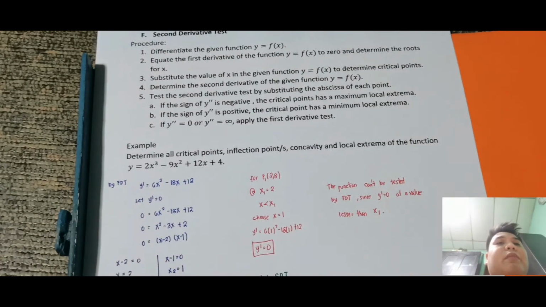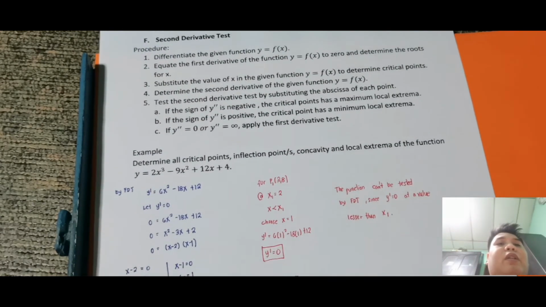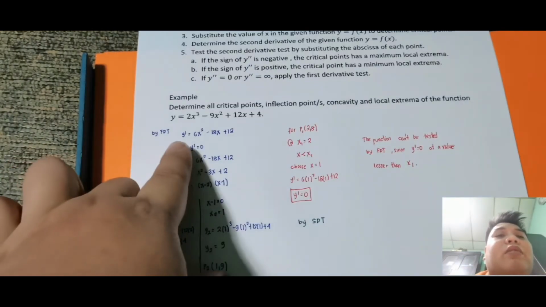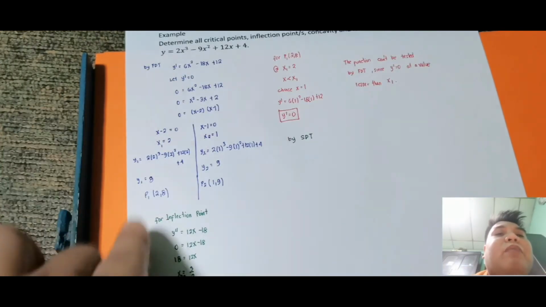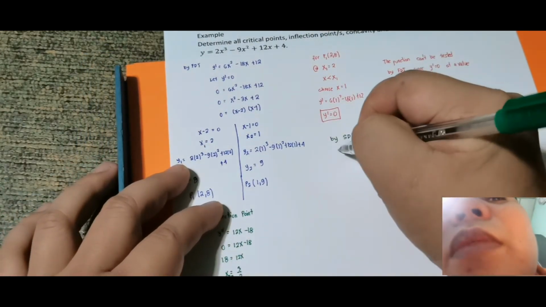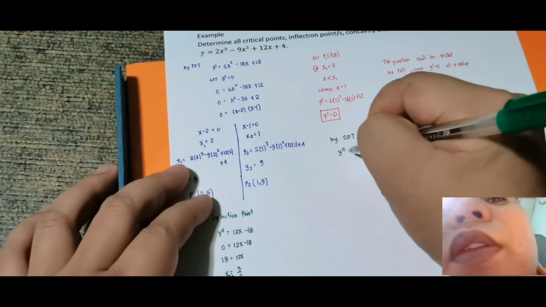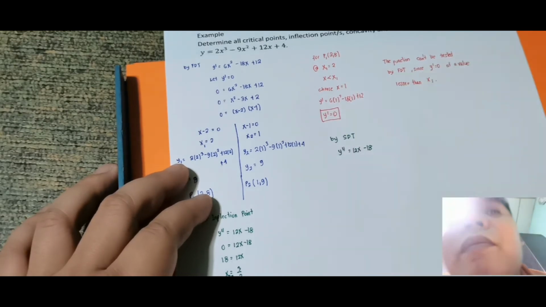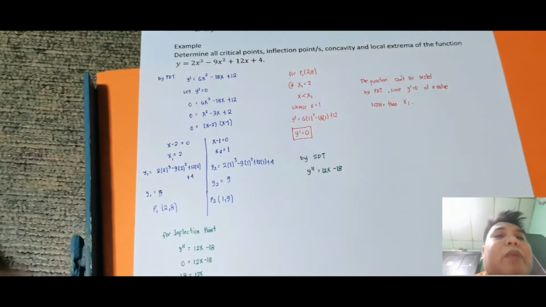Determine the second derivative by substituting the abscissa. So, since ito yung given function, tapos nag-inflection point tayo, may second derivative na tayo. Okay, note na yung second derivative natin is equal to 12x minus 18. Okay, so yung abscissa nung P1 saka nung P2, diyan natin isa-substitute.